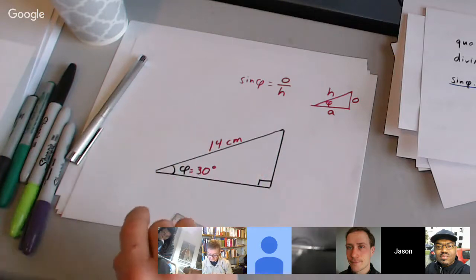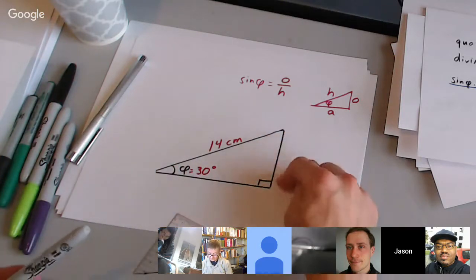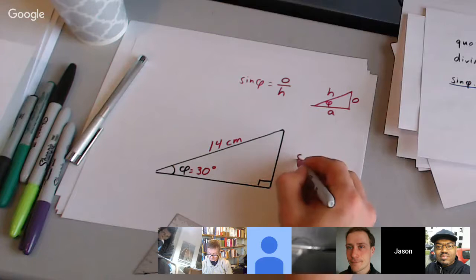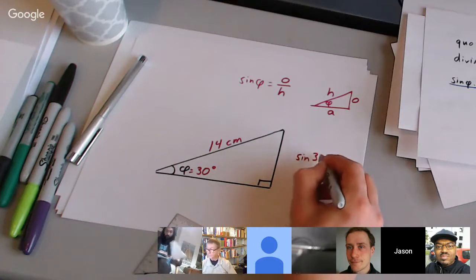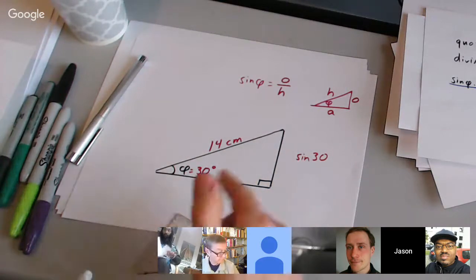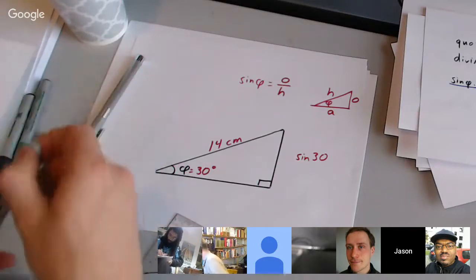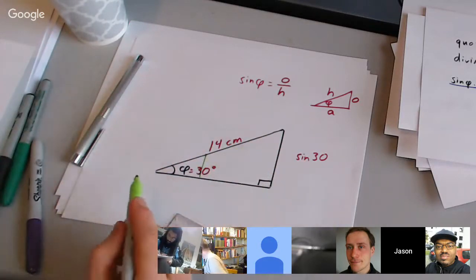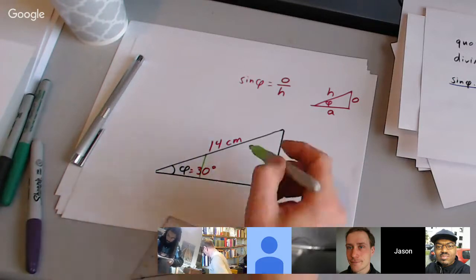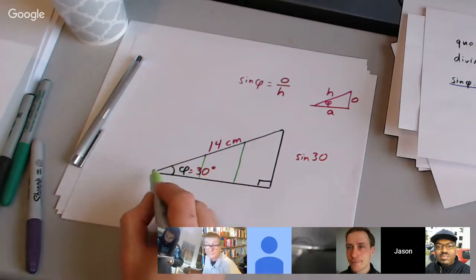So on this triangle, this height right here, it's not just the sine of 30, because there's a lot of triangles that have 30 degrees. If I stopped right here, this is a triangle that's got 30 degrees.